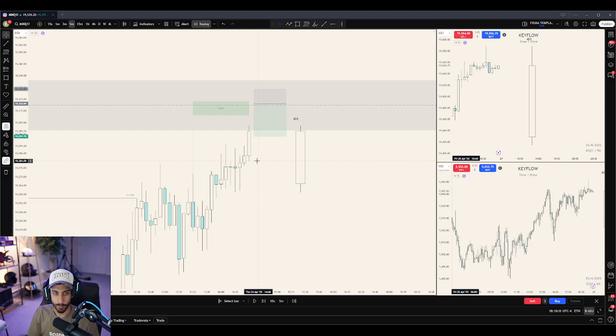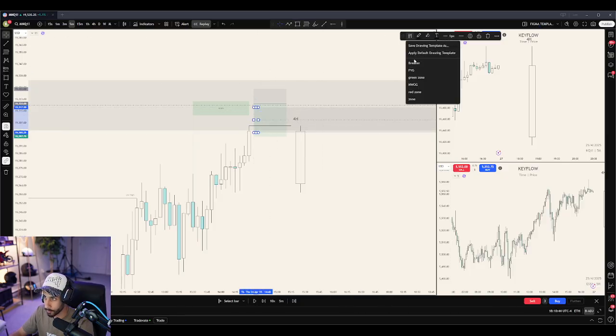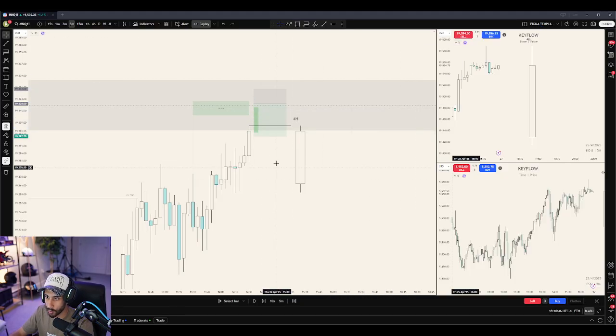What I like to see personally when I am looking for a rejection at a PD array is I want to see a high get put in, and then I want to see us sweep that high with a new candle, right? So, let's just say I'm going to have it sweep the high right there, and then I want price to deliver lower from there, right?